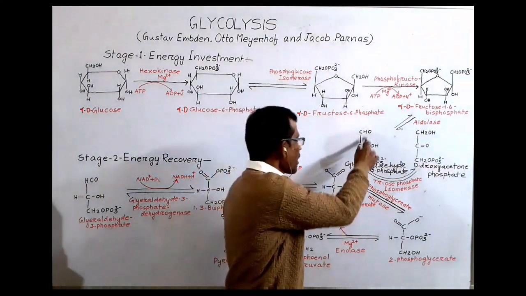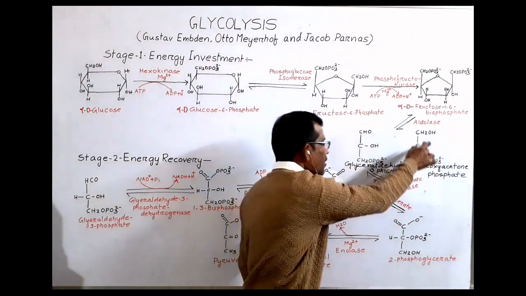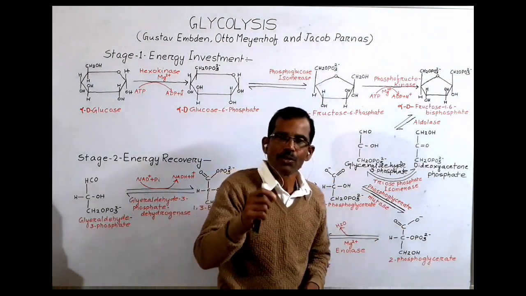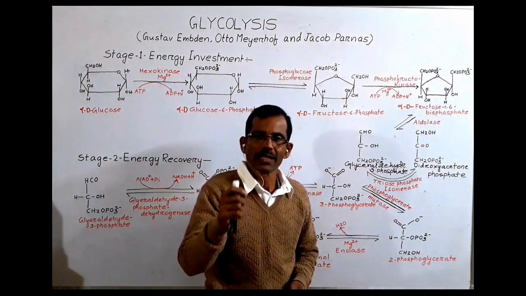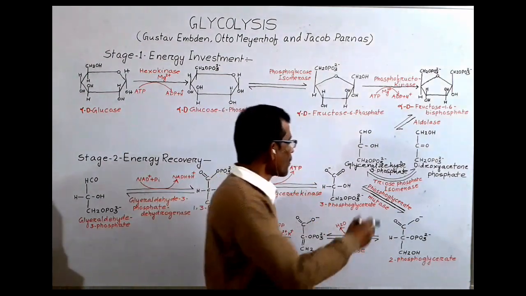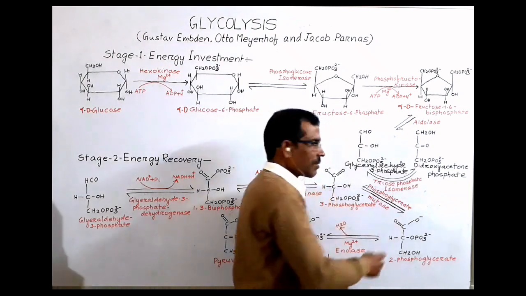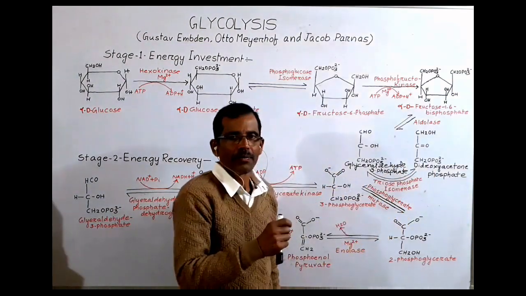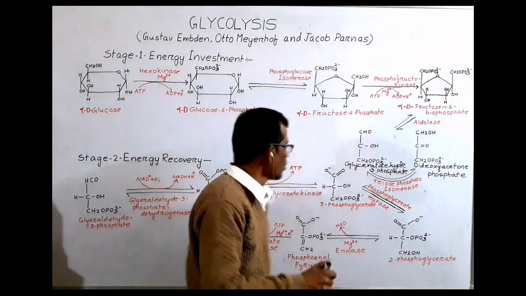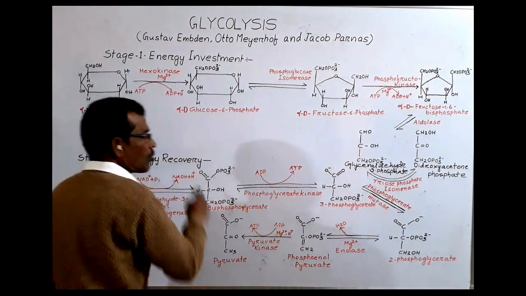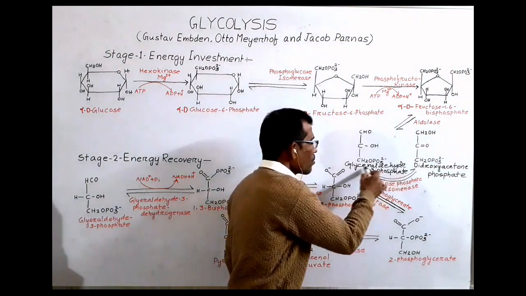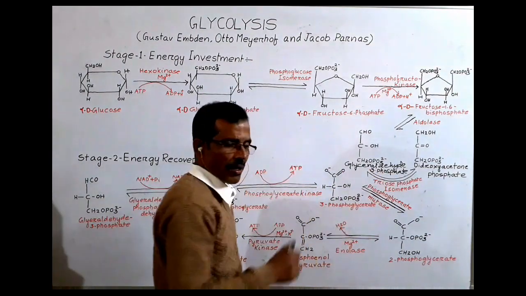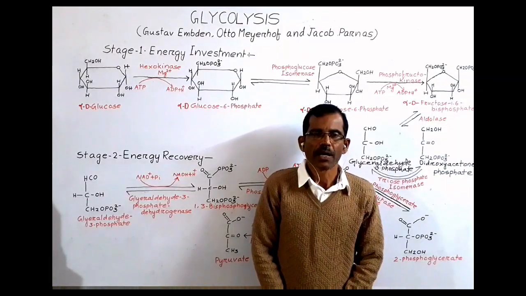However, they are interconvertible by an isomerization reaction catalyzed by the enzyme triose phosphate isomerase. This is the last reaction of stage 1. So we can say that from one molecule of glucose, two molecules of glyceraldehyde 3-phosphate are produced in stage 1.